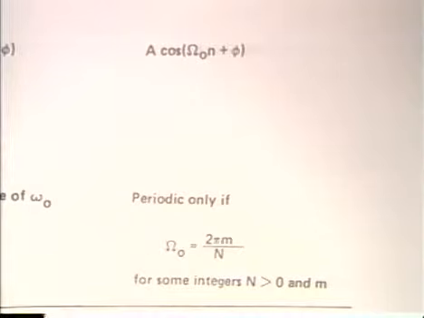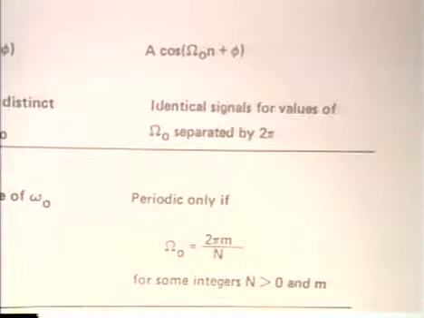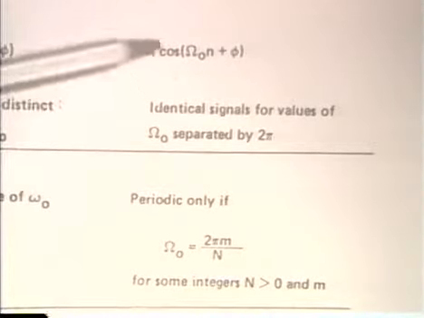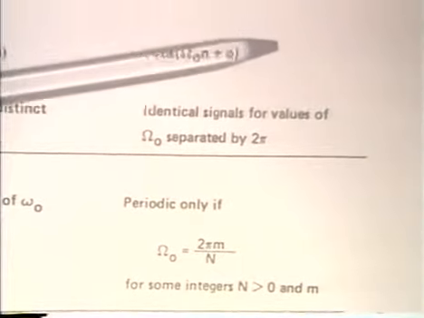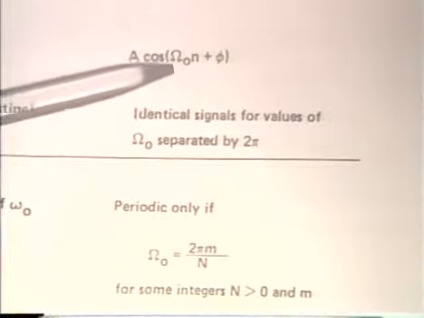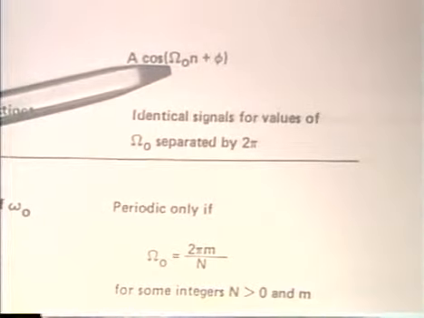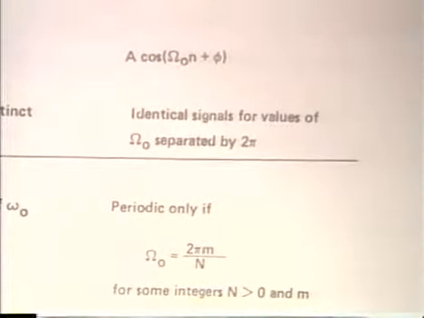Now, another important and, as it turns out, useful distinction between the continuous time and discrete time case is the fact that in the discrete time case, as we vary what I've called the frequency omega 0, we only see distinct signals as omega 0 varies over a 2 pi interval.